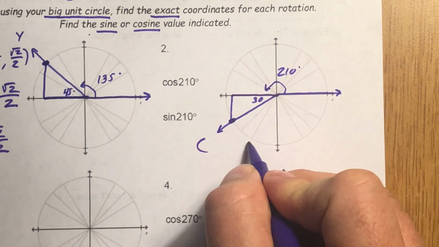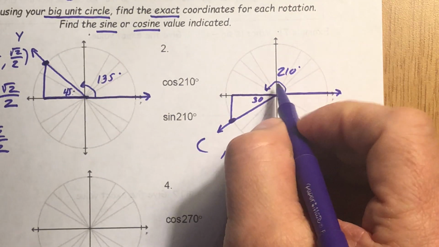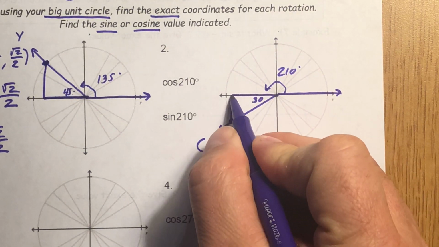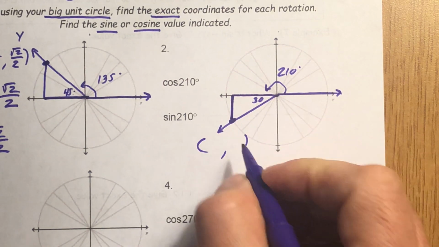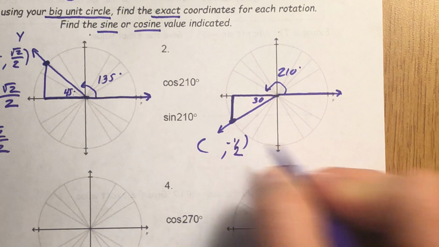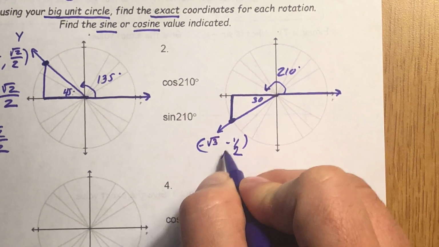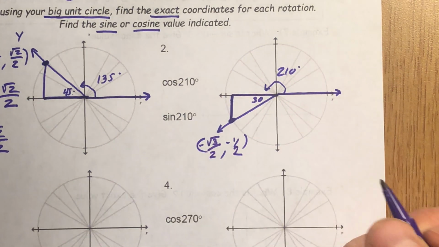So that's a 30, 60, 90. So we know that this is the shortest leg. That means we're going down. That's my y coordinate, so that's going to be negative 1/2. And then this is going to be negative root 3 over 2.